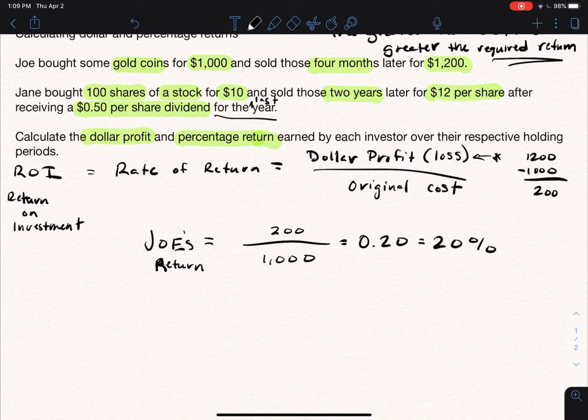Okay, so let's look at Jane's return. All right, so this one's going to get a little more complicated. We have to do some math, don't we, to figure out how much she invested to begin with. She bought 100 shares of stock at $10 per share, right?